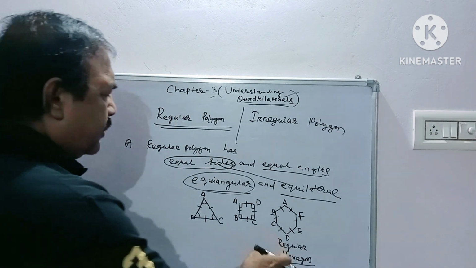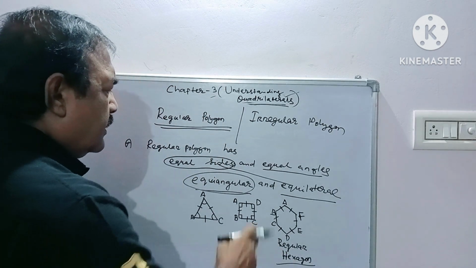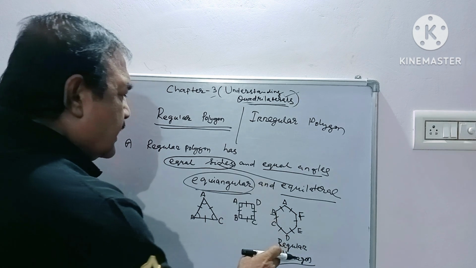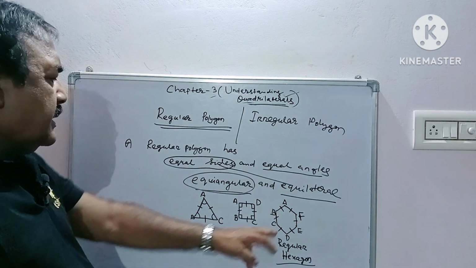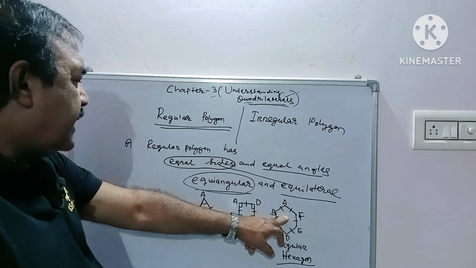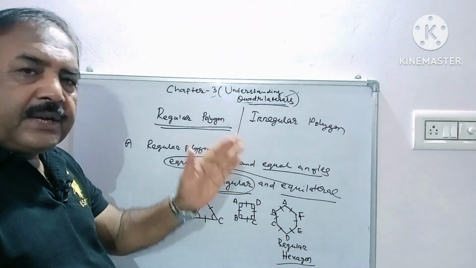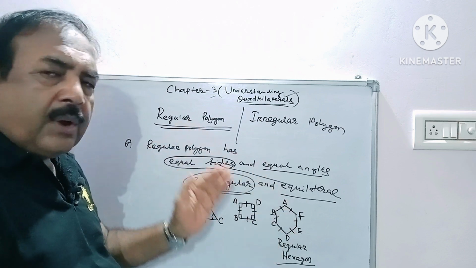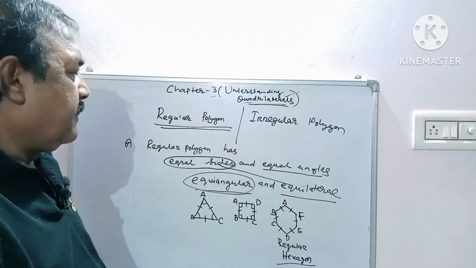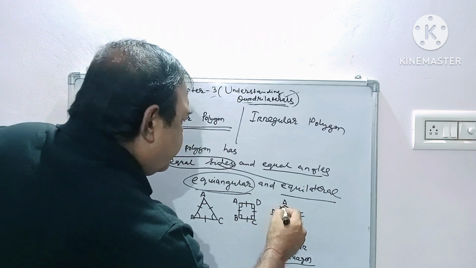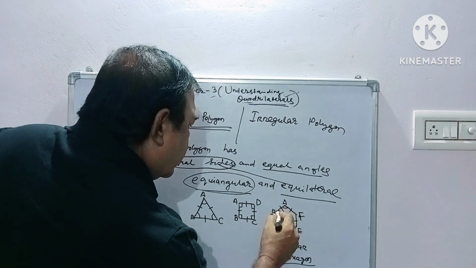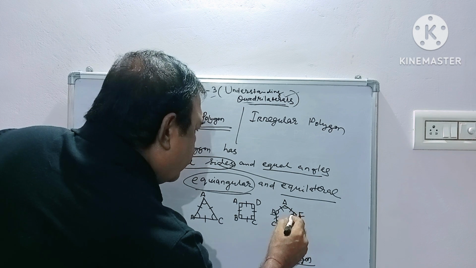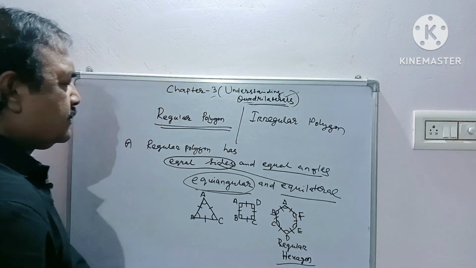It is a six-sided polygon and all the sides are of equal length. That means this regular hexagon has equal sides and equal angles, so it is equiangular and equilateral. So you see these interior angles are of equal measure.